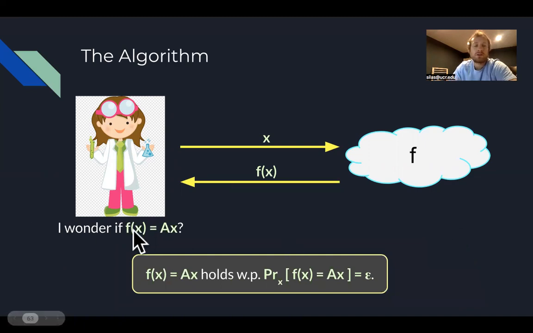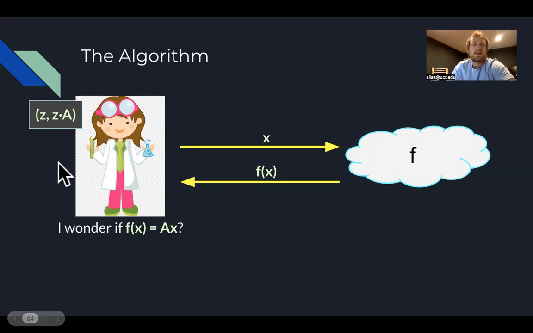Okay, so let's go back to the question that we started with and try to figure out a better way to use our new tool to answer it. Again, we're trying to figure out whether f of x equals A of x, and all we can say at the beginning is that f of x equals Ax holds with probability epsilon.